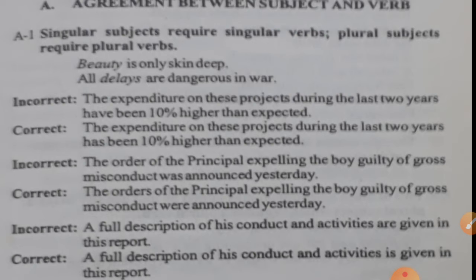So our focus of attention is not the projects but the expenditure, which is a singular form of the noun. So the correct form of the sentence will be: the expenditure on these projects during the last 2 years has been 10% higher than expected.